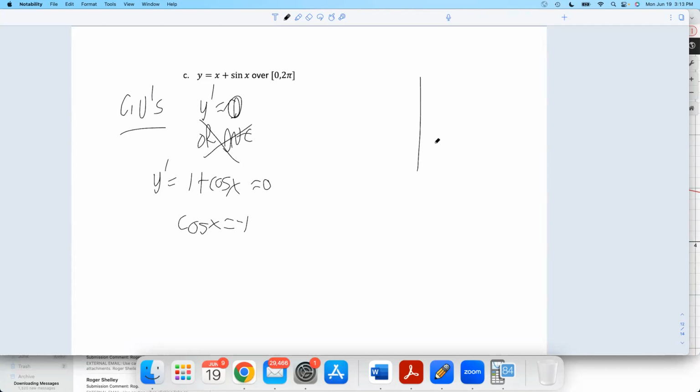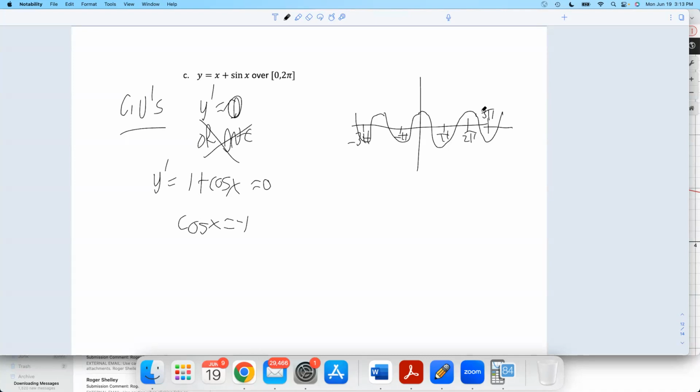That happens an infinite number of times. If this is 2 pi, that's pi. Back here at -pi, back here at -3 pi, up here at +3 pi. Cosine equals -1 an infinite number of times.